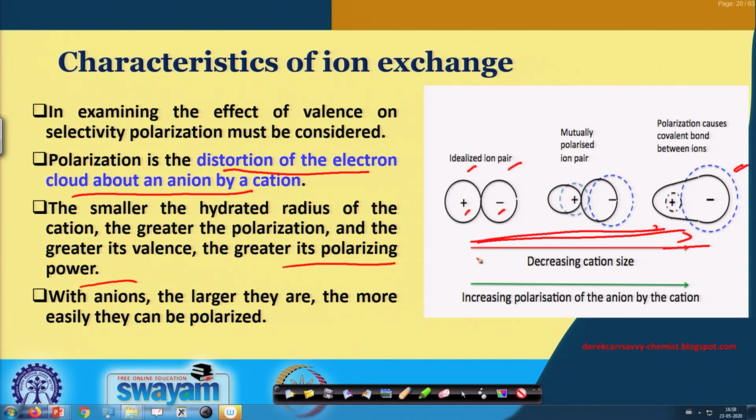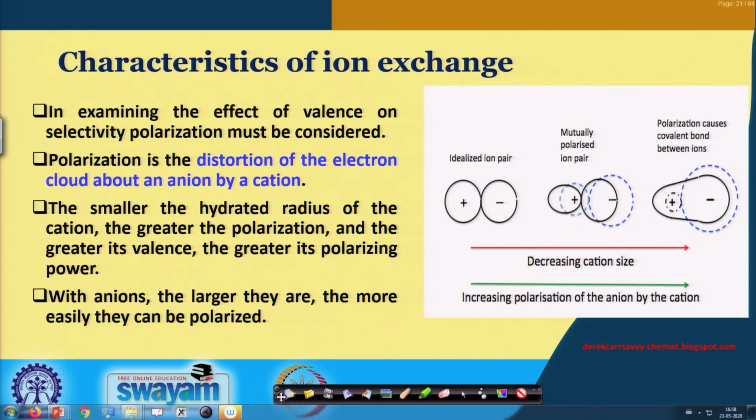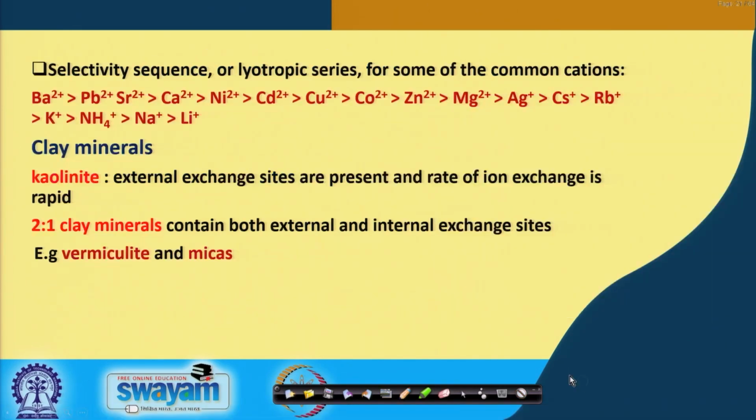As we decrease the cation size, the polarization increases, and the larger the anions, the more easily they can be polarized. So this polarization has a very important effect on the ion exchange property.